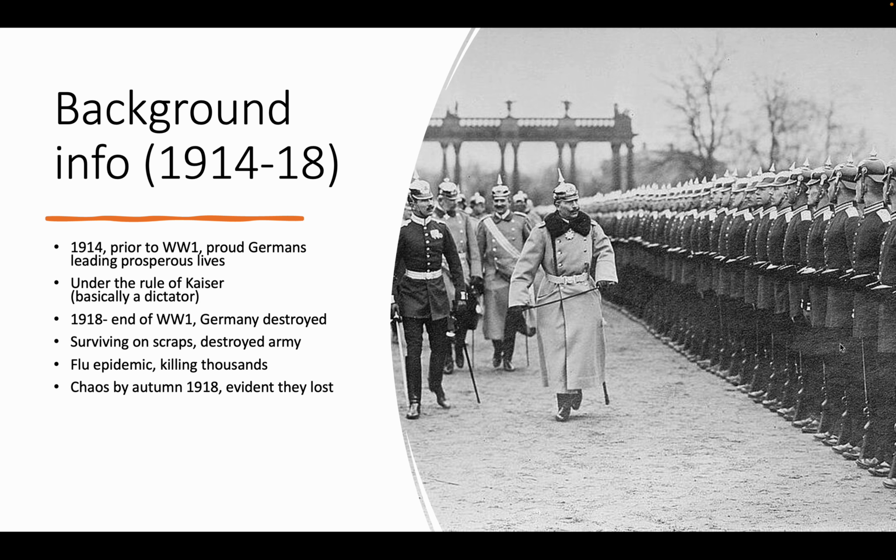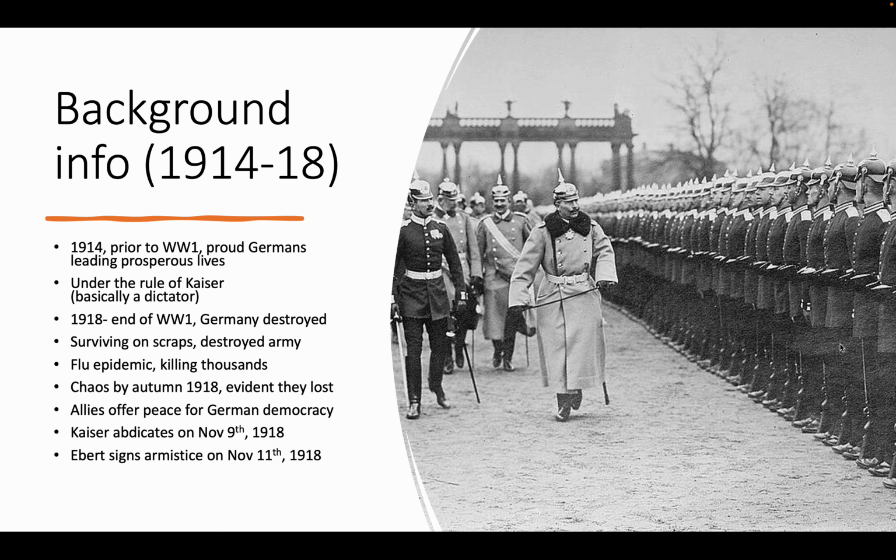And chaos followed in autumn 1918 when it became evident that they had lost. And the Allies offered peace to Germany in exchange for their democracy. So since the Kaiser was basically a dictator, not exactly, he was a Kaiser, a king, he abdicates. Abdicates just means going off the throne, like resigning, on November 9th, 1918.